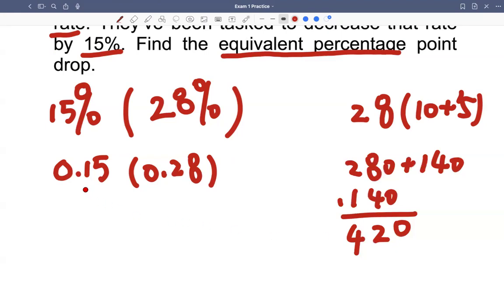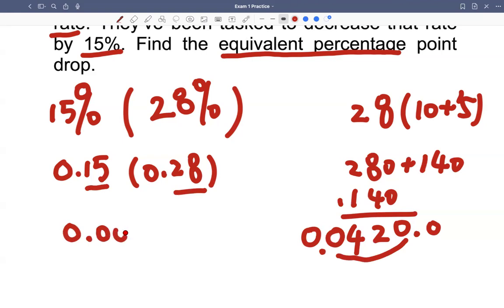But I have 4 decimal places. 15 has 2 decimal places and 28 has 2 decimal places, so I have 4. So my decimal was here. I can add a 0 after this. So I need to do 4 places. This gives me 3, I need one more 0, then put a 0 here. This gives me 0.042.